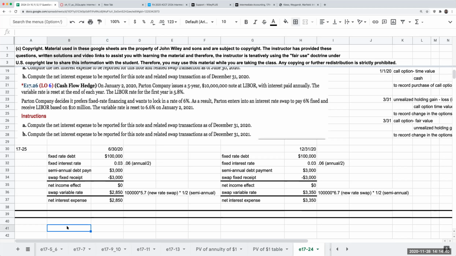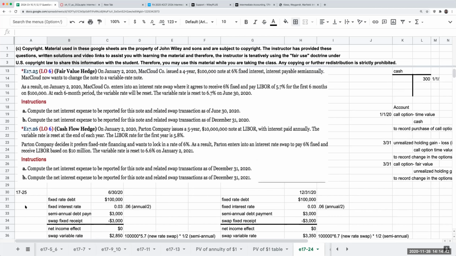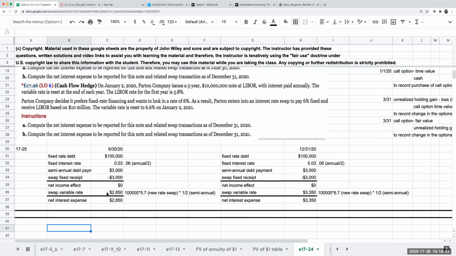Okay, so let's take a look at exercise 1726. On January 2nd, Pardon Company issues a $10 million note at LIBOR with interest paid annually. The variable rate is reset at the end of every year. The LIBOR rate for the first year is 5.8%.